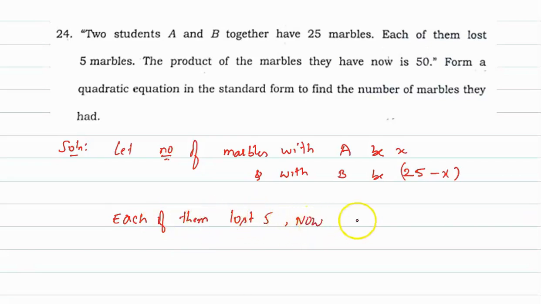Now A has X minus 5, B has 25 minus X minus 5, that is 20 minus X.